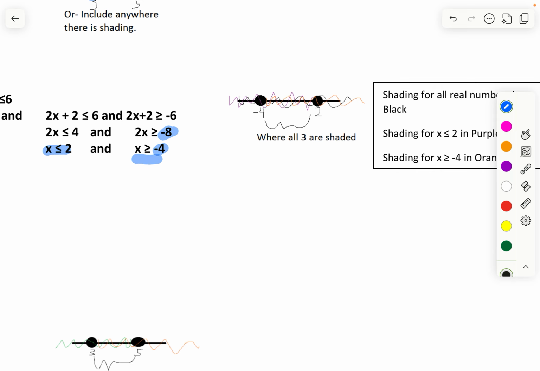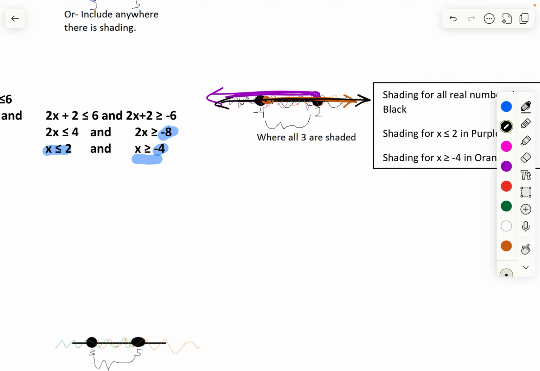So I did that in orange. Let me put this where you can see it better. X is greater than or equal to negative 4, so that's this way. And then x is less than or equal to 2 is this way. And then, of course, the black line goes forever.